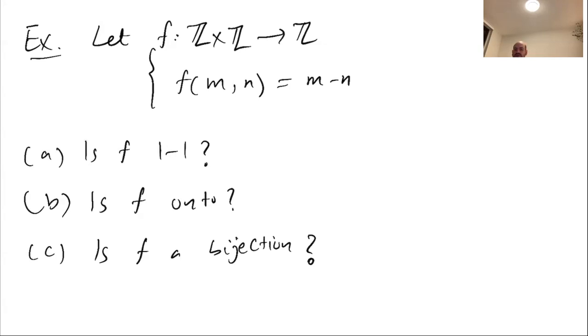Yes, because f of 3 and 1 is 3 minus 1, which is 2. And so on. So it seems that the function is onto, but how can I justify it? Remember, if you want to show it is 1 to 1 or it is onto, then you cannot rely on examples. You have to prove in general. If you want to show it's not 1 to 1 or not onto, then you can rely on giving an example.